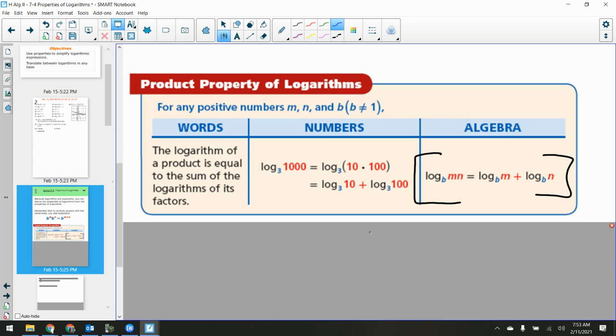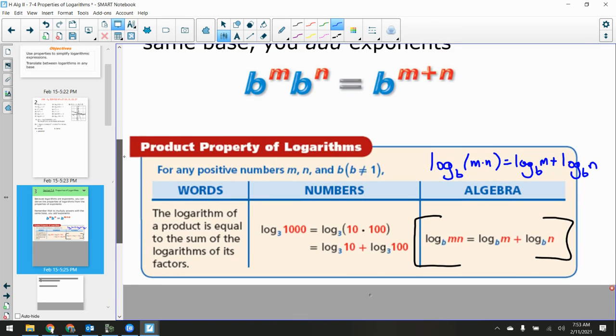I would almost even go so far as to say, write it like this: log base b of the quantity m times n, because I want to reinforce that it's acting on the product. You're taking the logarithm of the product. So the log base b of m times n is actually the log base b of m plus the log base b of n.